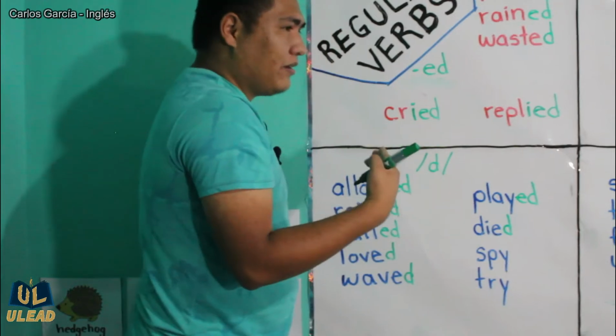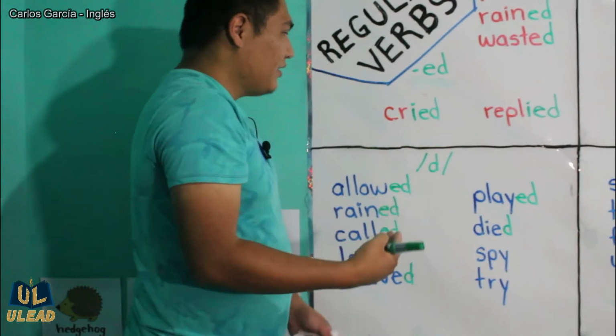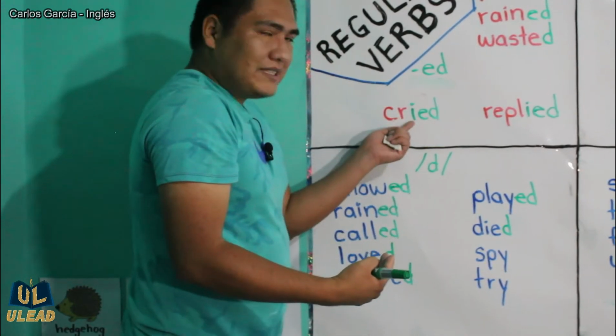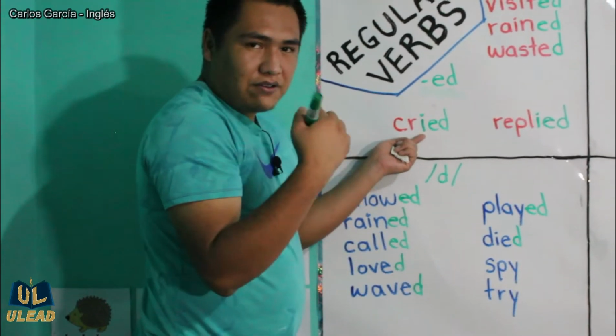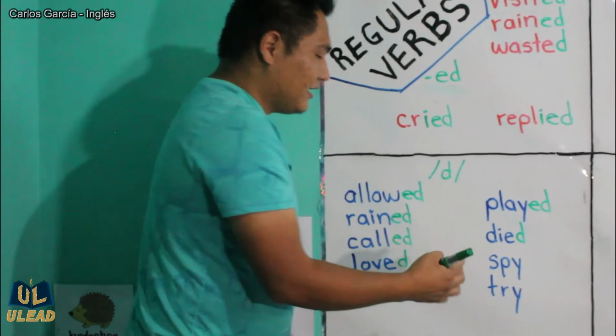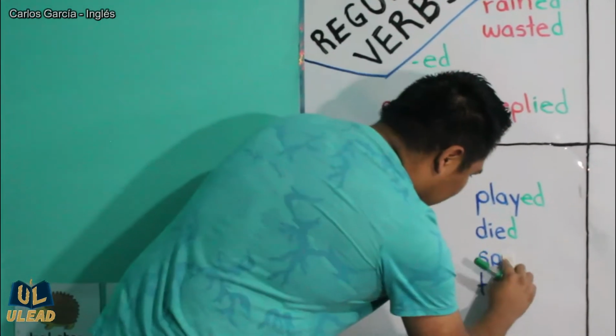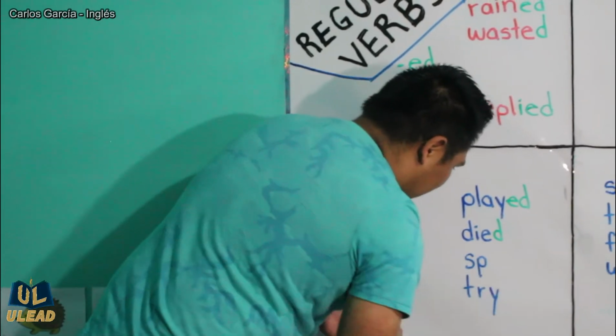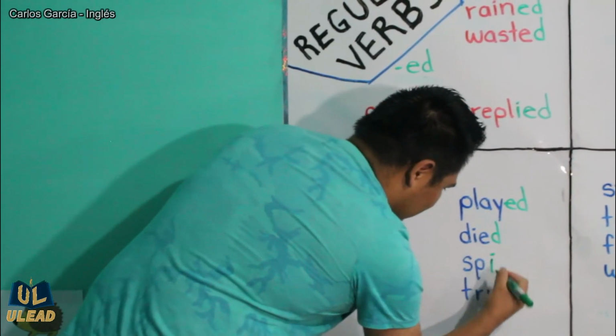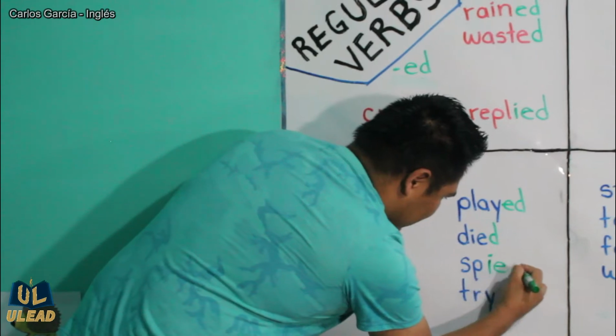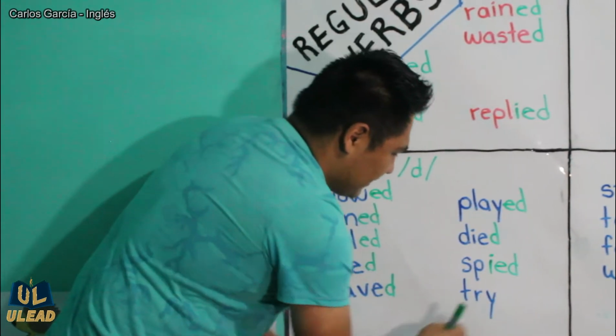If you remember, as I explained before, we replace the y for the I and then add ed. So we're gonna do the same thing here. Okay, spy, I replace it for I and then ed. Spied.